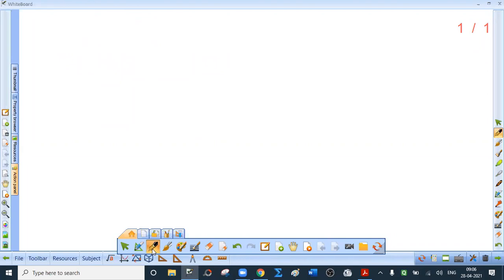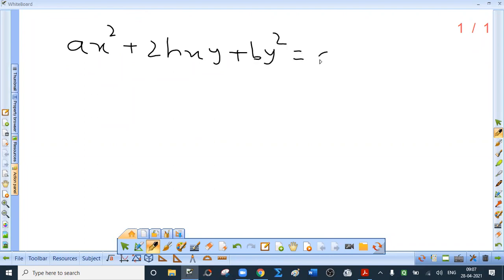The wording is: every homogeneous equation of second degree in x and y, that is ax square plus twice hxy plus by square equal to 0, represents a pair of lines through the origin if and only if h square minus ab is greater than or equal to 0.